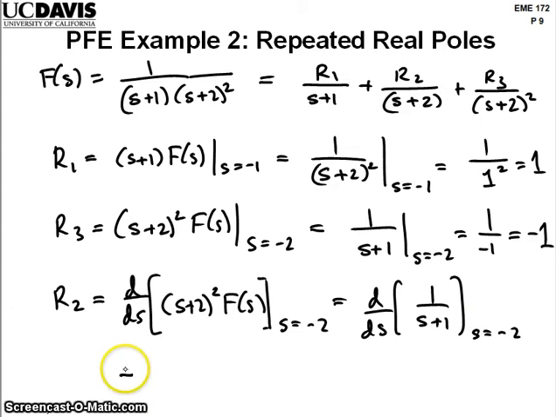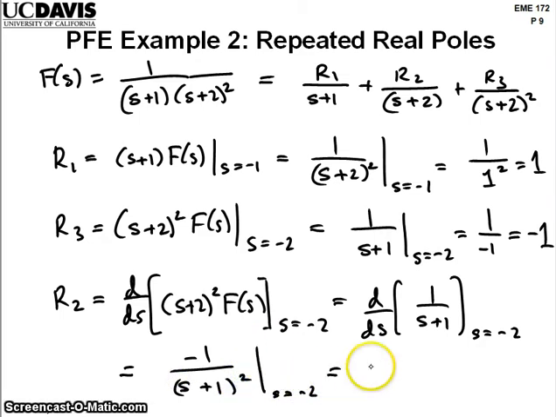When I do that differentiation, I get minus 1 over s plus 1 squared, evaluated at s equals minus 2. So I get minus 1 over minus 1 squared, which is minus 1.